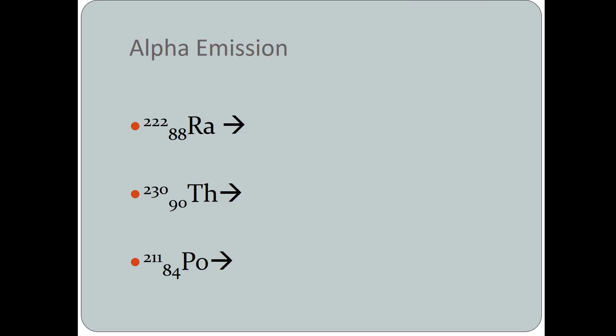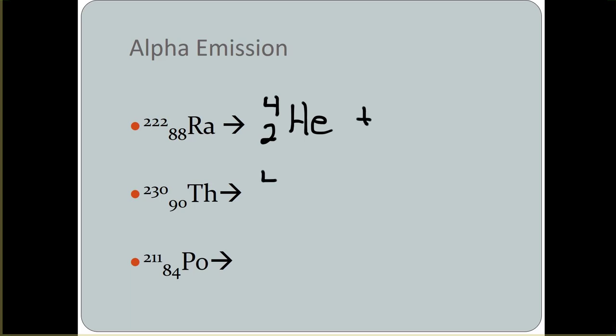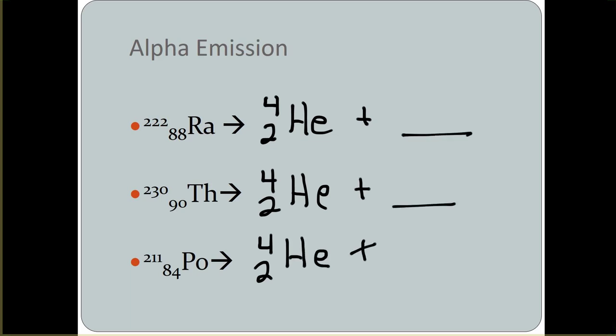So let's have you practice this. Looking at that last example, go ahead and write and finish the equations here for alpha emission. The very first thing that you're going to do is it's going to fling out an alpha particle, so 4 2 He, and this will happen with each one of these. So go ahead and practice what the leftover will be.